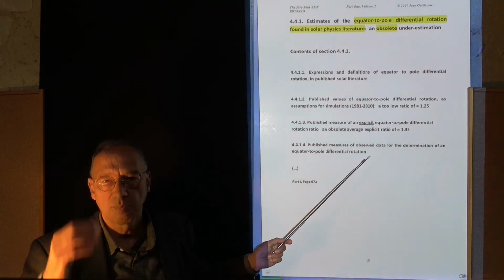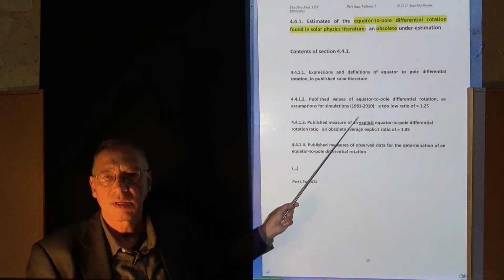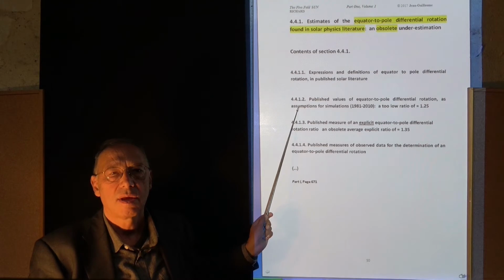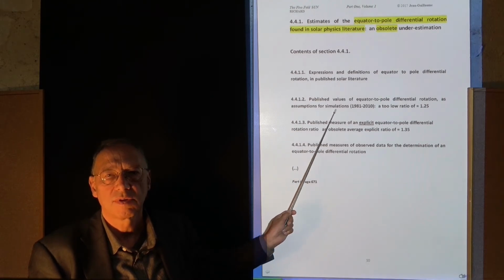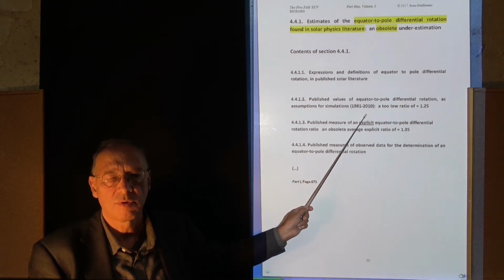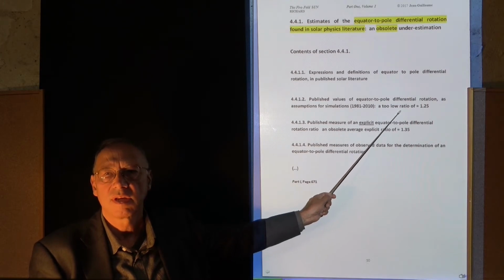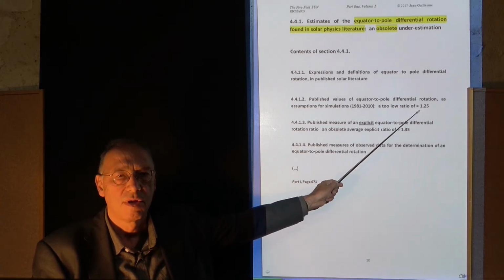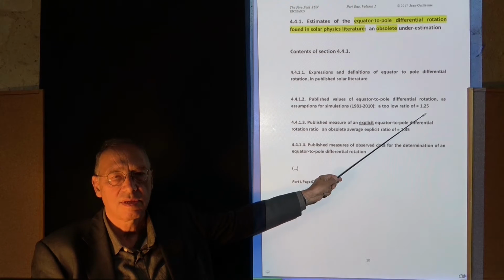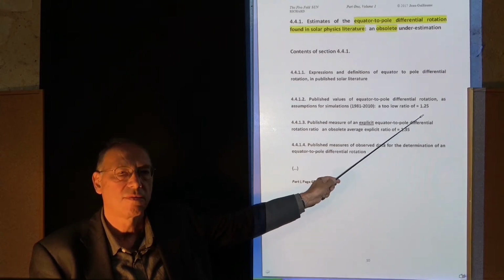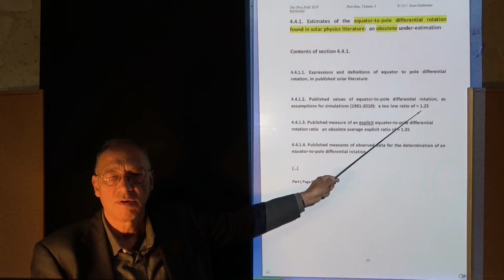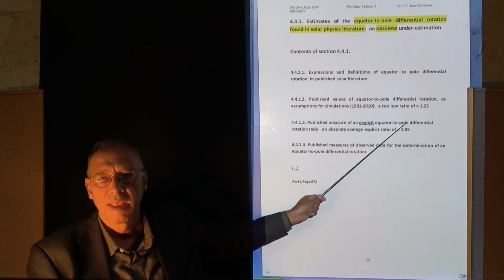So of the few published values, we can see that those that were used in assumptions for simulations of the solar dynamo and other solar physics dynamo, they have a ratio which I found from a meta-analysis from a few mentioned results in the literature of about 1.25.